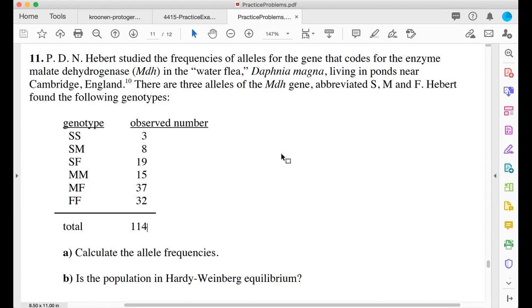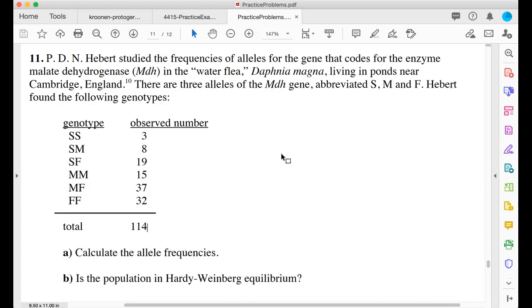And different alleles for this particular enzyme happen to migrate at different speeds through an electrophoresis gel. So there's three alleles of malate dehydrogenase, and they're abbreviated S, M, and F. That stands for slow, medium, and fast.